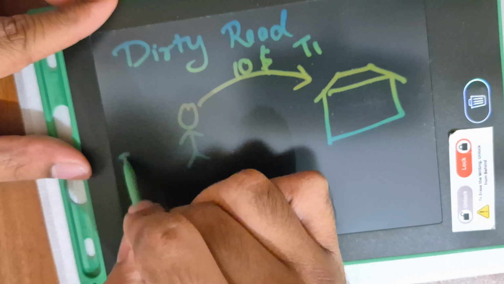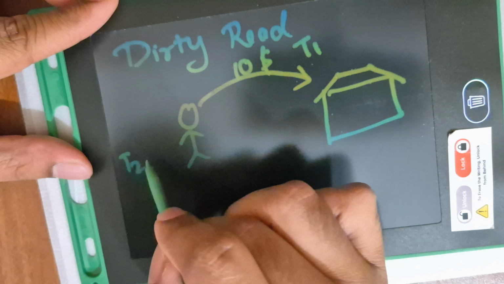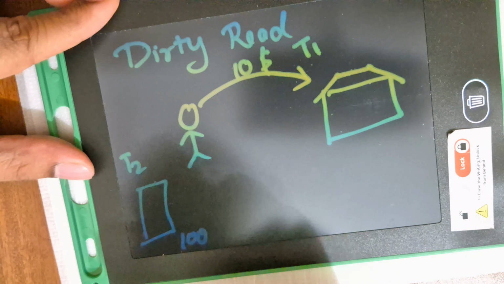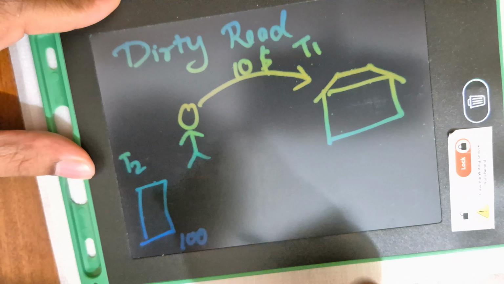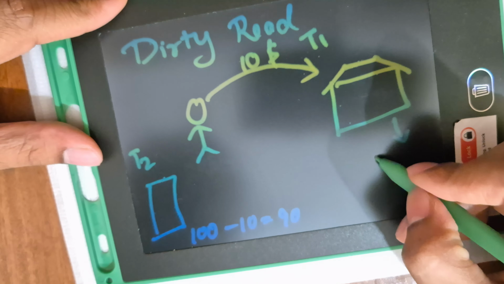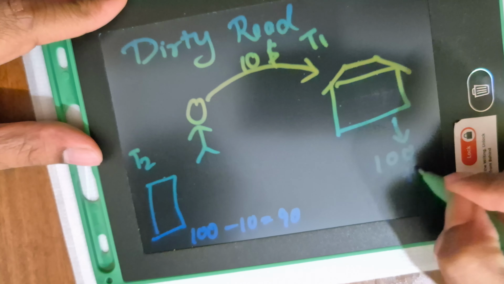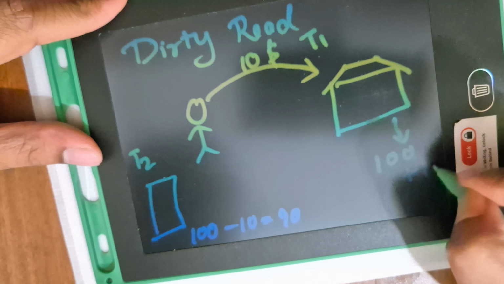At time T2, I'm checking my balance. Previously I had 100 rupees, so now it is minus 10, equals 90 rupees. Which is nice, I have $10 less. But what happened is, let's say the store also had $100, and when I paid it should have become plus $10, but for some reason this plus $10 didn't get added.